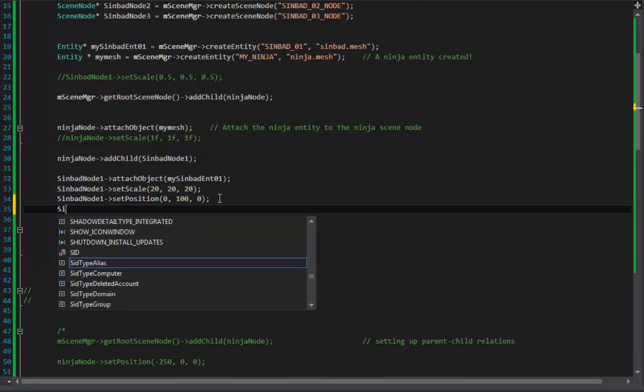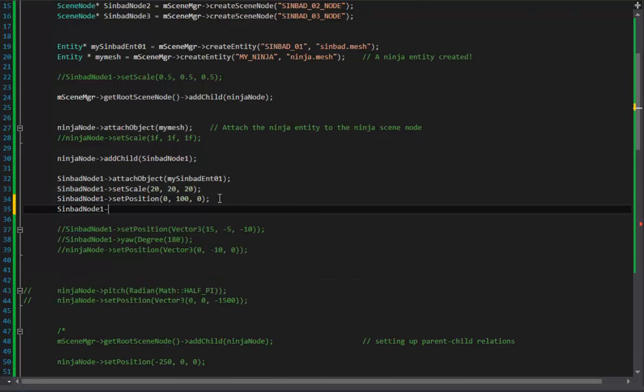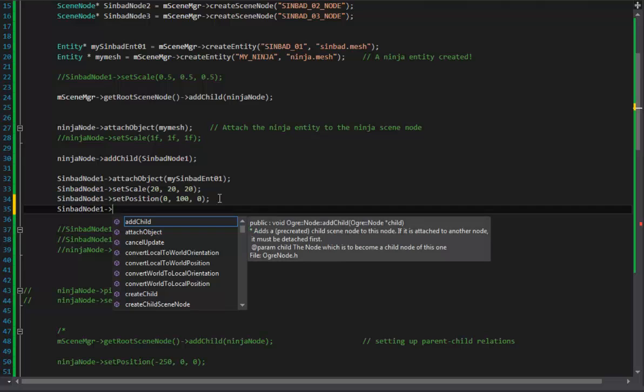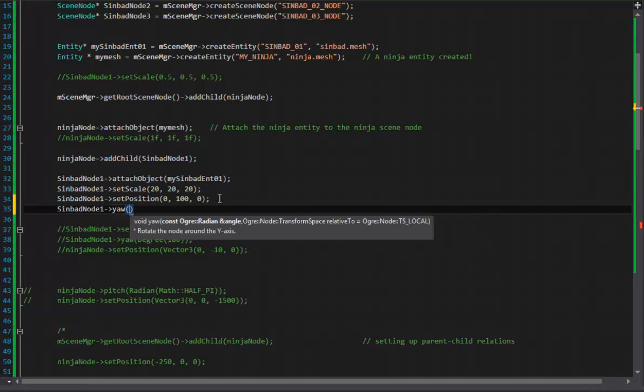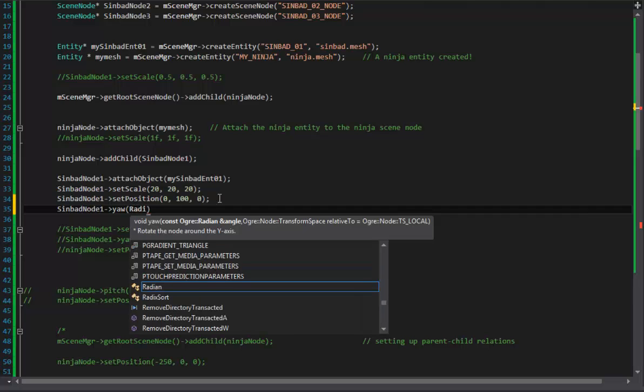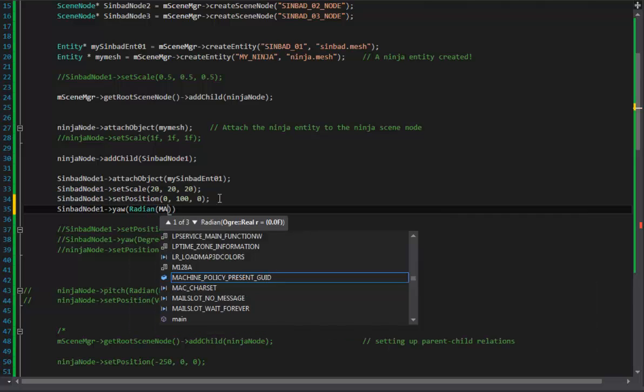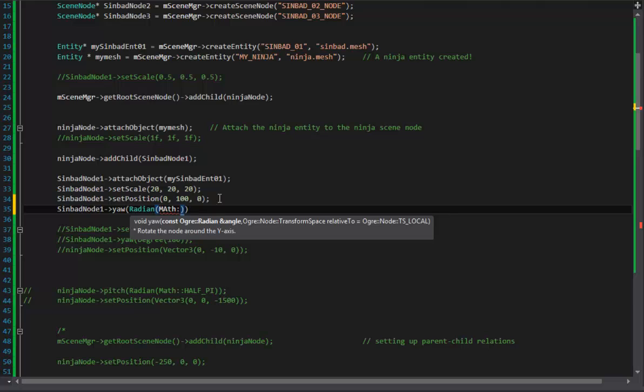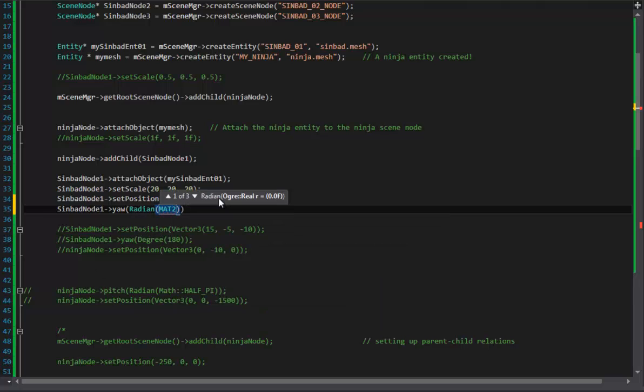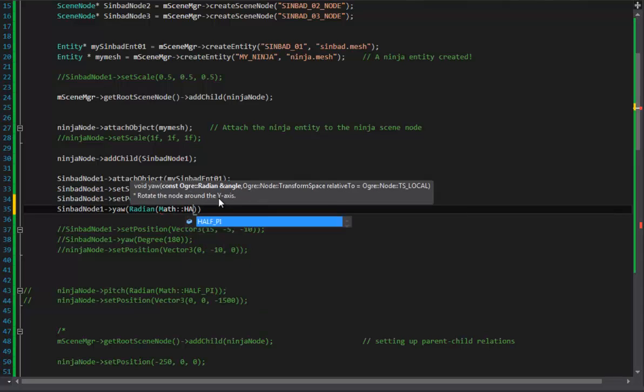So we do Sinbad node 1, and we make this be along the y-axis. So I want to change the yaw to be 90 degrees. Radian math, half pi.